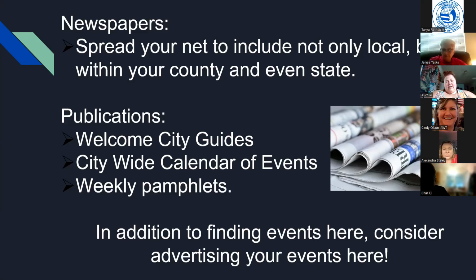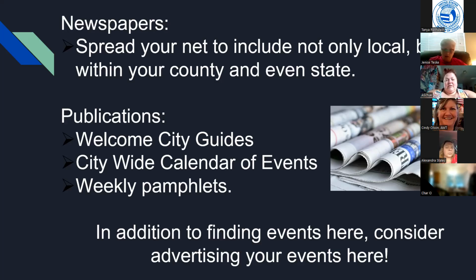So that's why you can look at other publications. Most cities will have welcome guides, like welcome to our city. And even just today, I was looking to make a connection in the city, and I looked at their 4th of July calendar just to see what kind of people were hosting what events and who pretty much does the events in that city was evident by the 4th of July schedule.